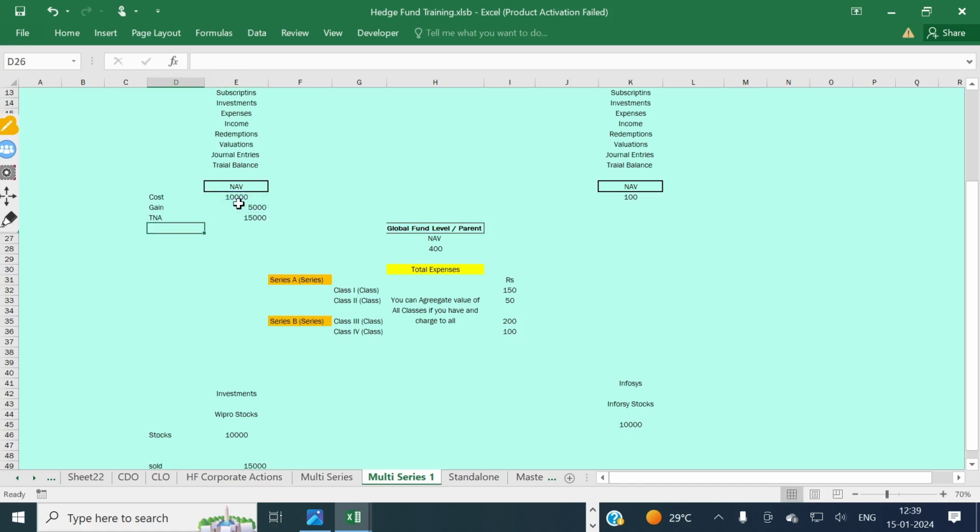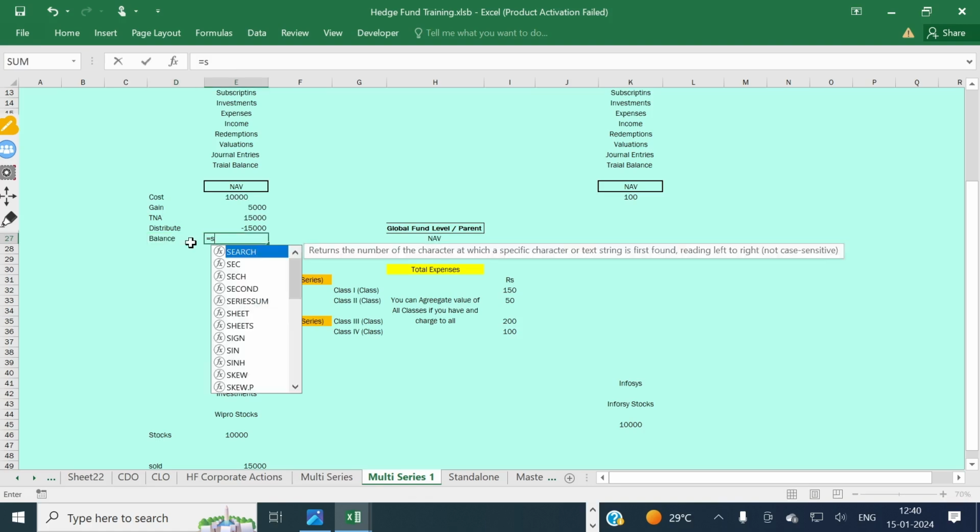This you can distribute to the investors. Once you distribute the total amount, your remaining balance should be 0.